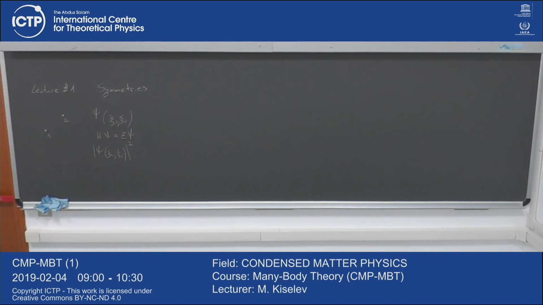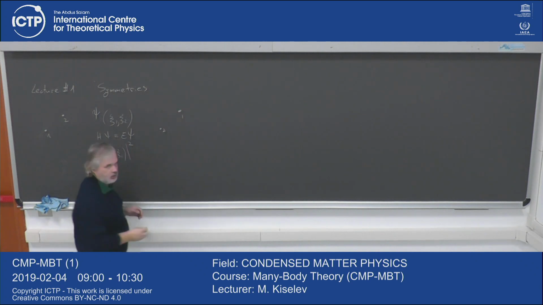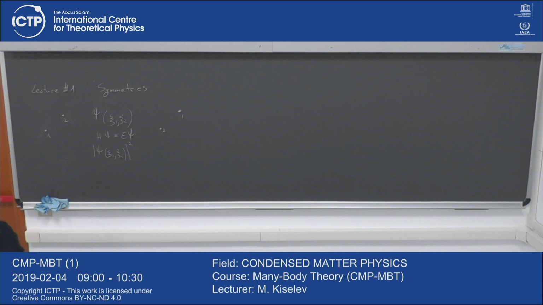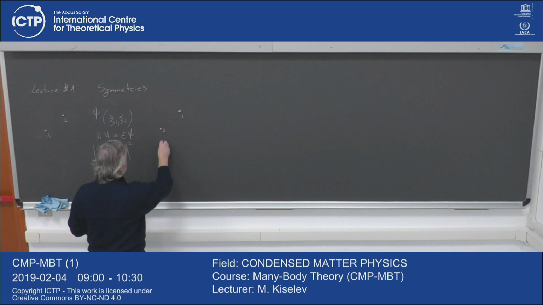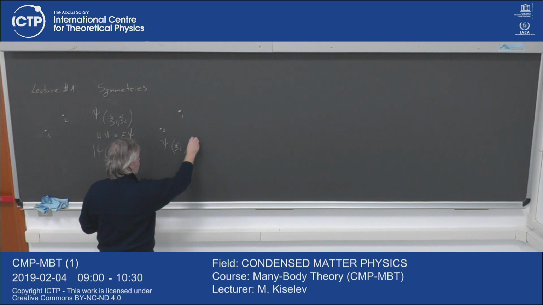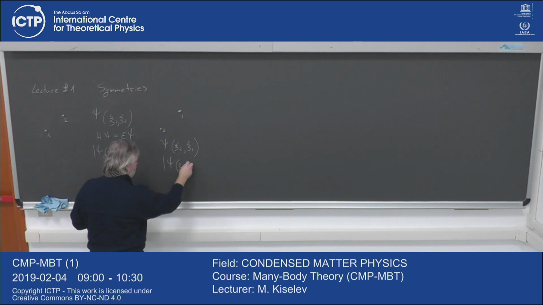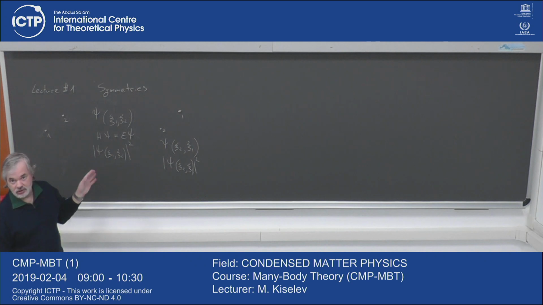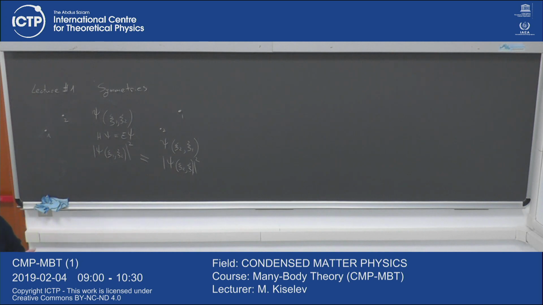Let's take a sort of mental experiment and interchange these two particles. Once again, they are indistinguishable, which means that as a result of this interchange, we get a new wave function psi(ξ2, ξ1), and the probability density is characterized by the modulus square of psi(ξ2, ξ1), and since particles are indistinguishable, we have that this probability density is the same.